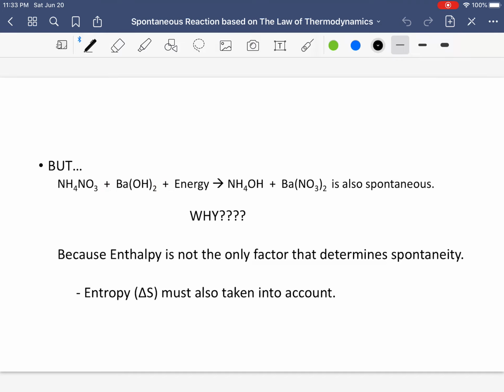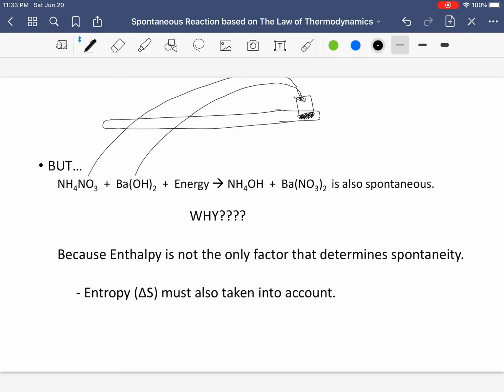I'm going to draw it right here. I will take a meter stick. Under the meter stick, I will put a drop of water, and on top of the drop of water, I will put a little beaker. Inside this beaker, I will have these two mixed.